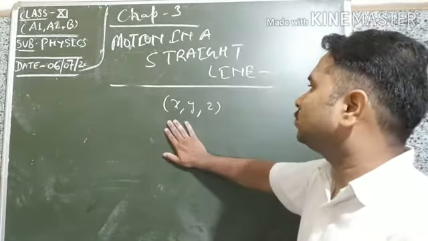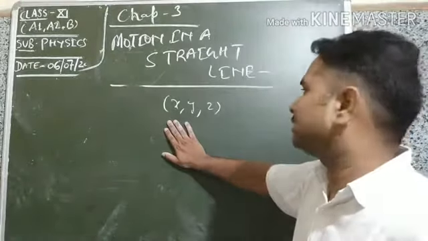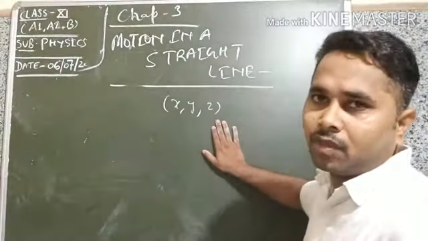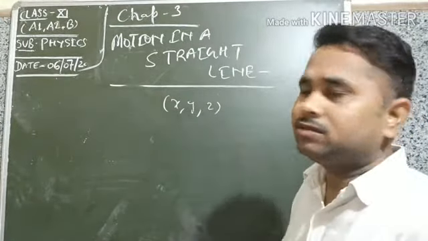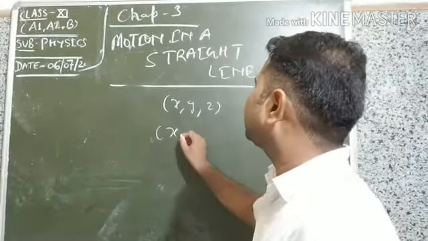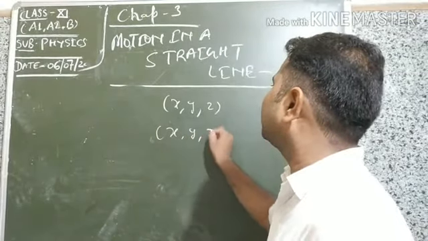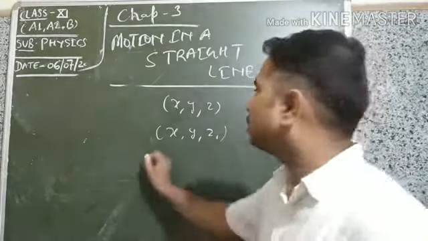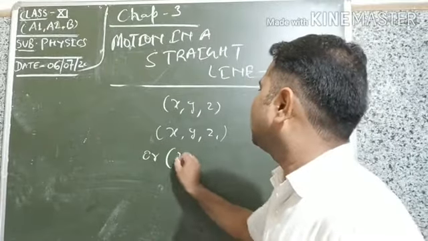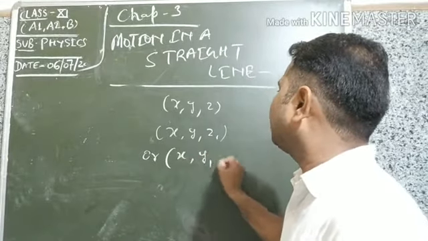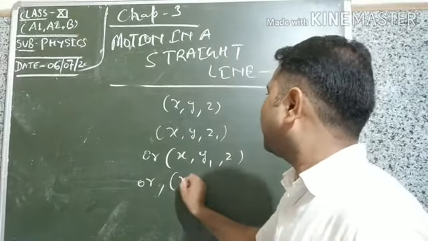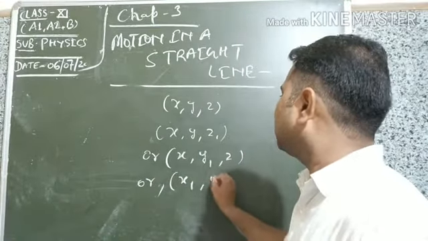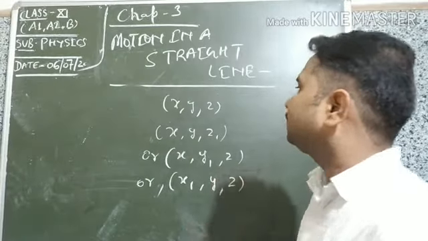So suppose the position of the object is represented by x, y, z, and after some time its position has changed to x, y, z1, or x, y1, z, or x1, y, z.